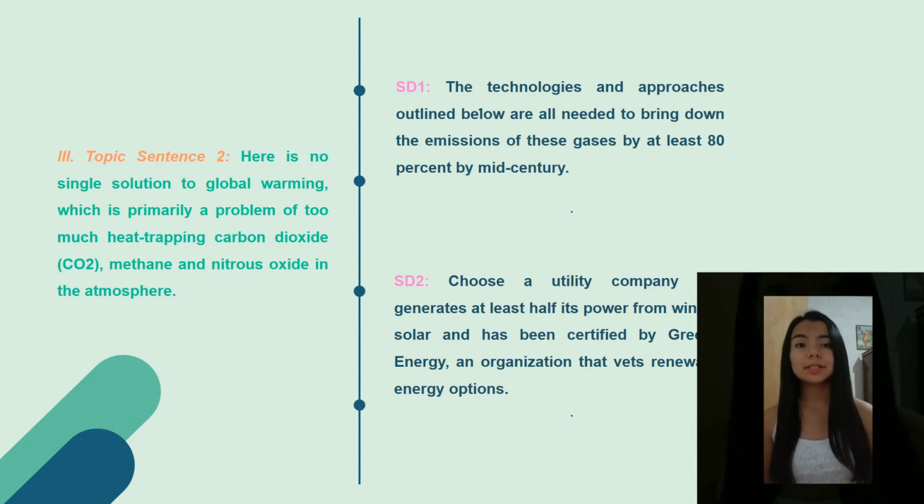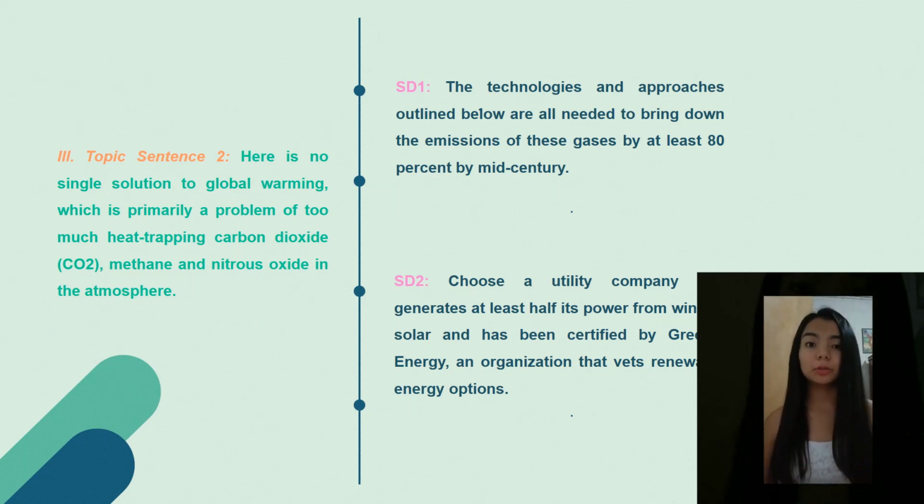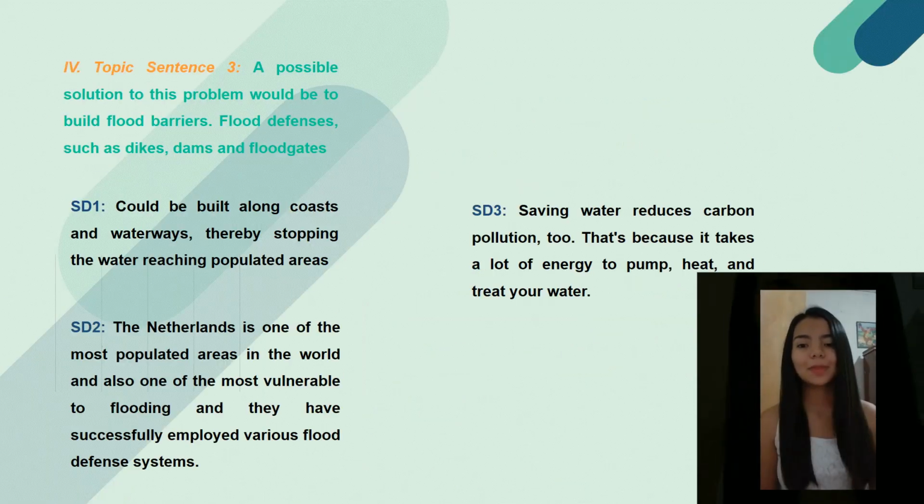The technologies and approaches outlined below are all needed to bring down the emissions of these gases by at least 80% by mid-century. Possible solutions. Number 2. Choose a utility company that generates all its power from wind or solar and has been certified by Green-e, an organization that vets renewable energy options.